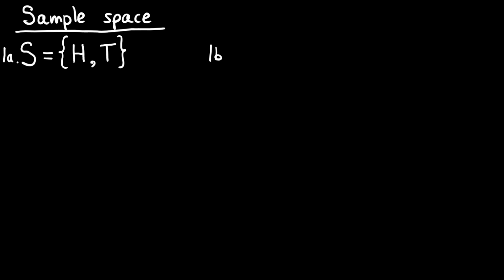And then for 1B, let's think about what the sample space of an experiment in which we would toss a coin 2 times would look like. So if we're tossing a coin 2 times, then there will be 2 coin readings that will form each outcome. Heads, heads is one possible outcome, right? So heads on the first toss and heads on the second toss. Heads, tails is another one. Tails, heads, and we're just missing tails, tails.